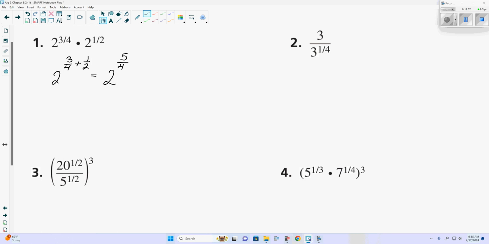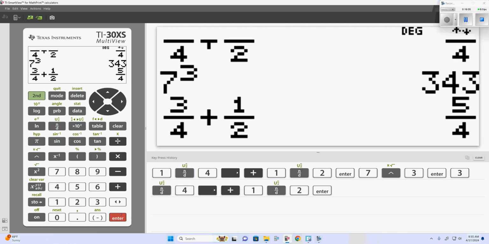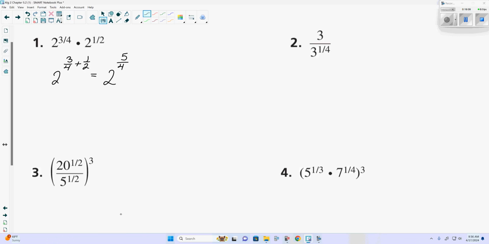Yep. Because 3/4 plus 1/2, we would need another fourth. So we would need 1/4 to add to 3/4. So our 1/2 is actually 2/4. So it's going a little bit past.